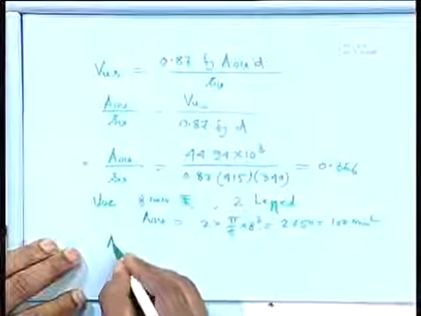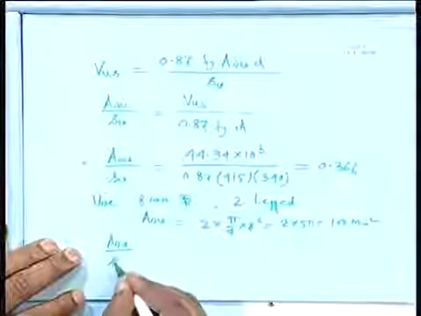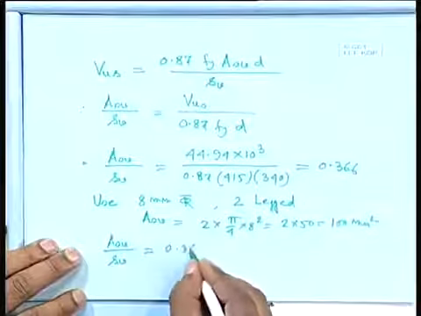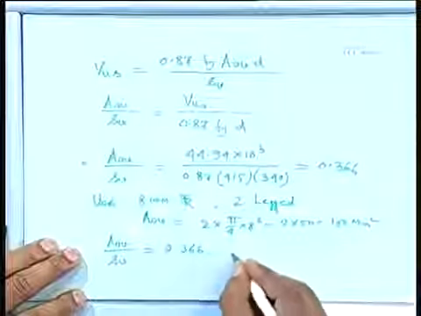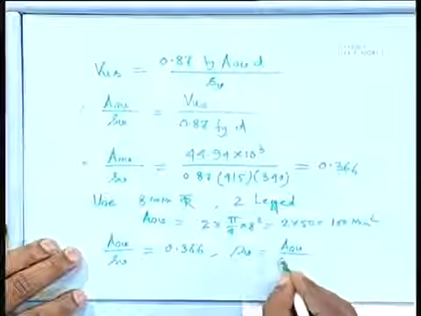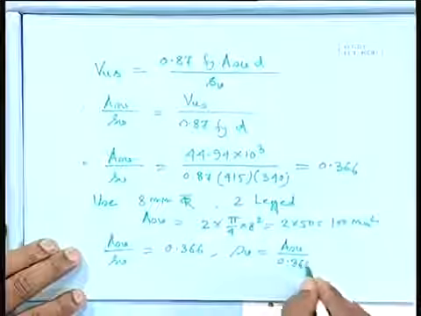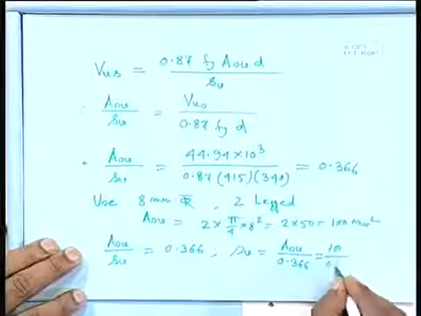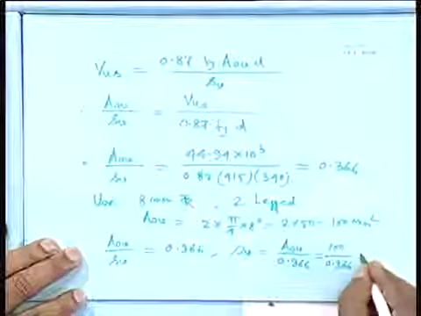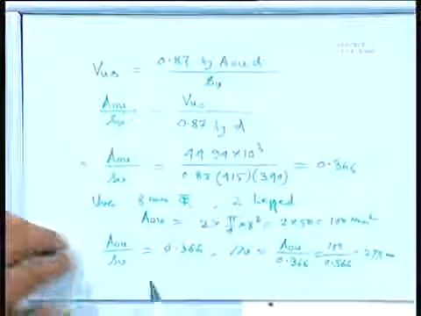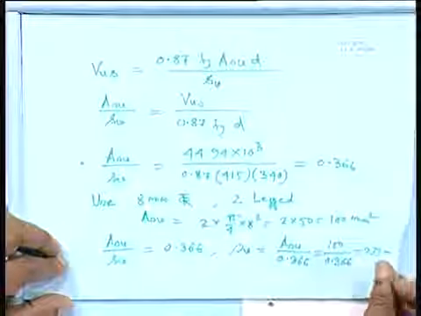We can write Asv by Sv equals 0.366. So, Sv equals 100 by 0.366, equal to 273 millimeter.